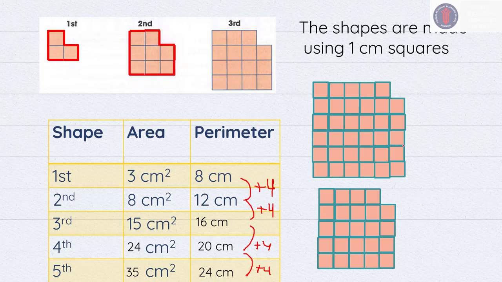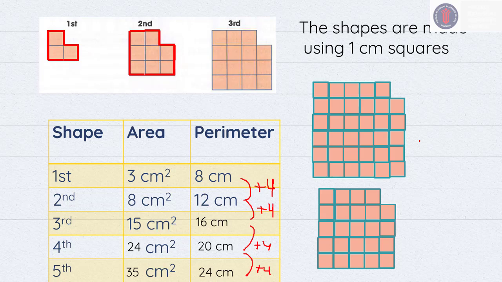This one, 1, 2, 3, 4, 5. This one, 1, 2, 3, 4, 5, 6. 5 and 6 make 11. 1, 2, 3, 4, 5, 6. 11 plus 6 is 17. 17 plus 1, 2, 3, 4, 5 is 22, 23, and 24. There are 24 centimeters. So for the next one, predict what the area will be.